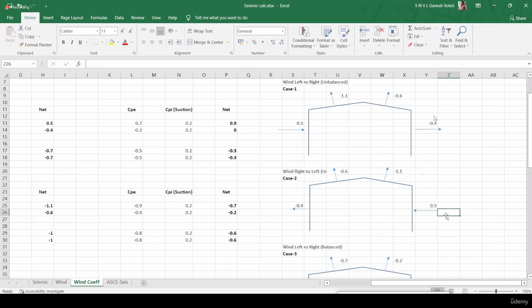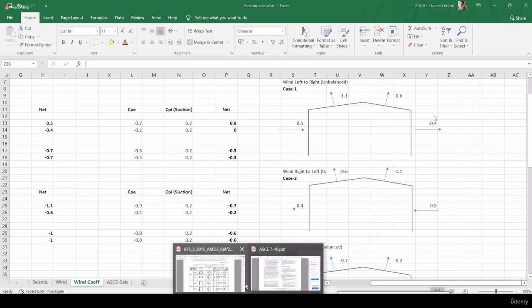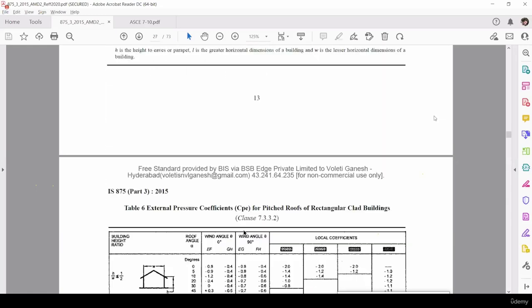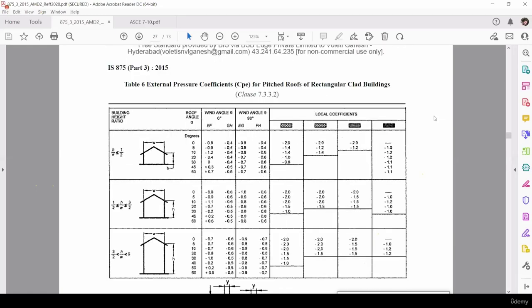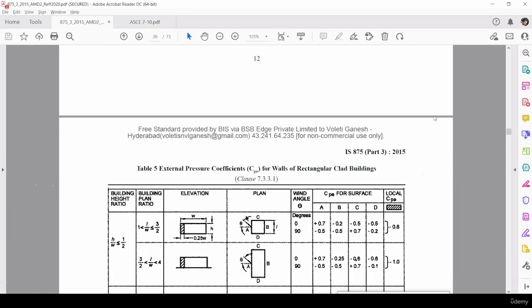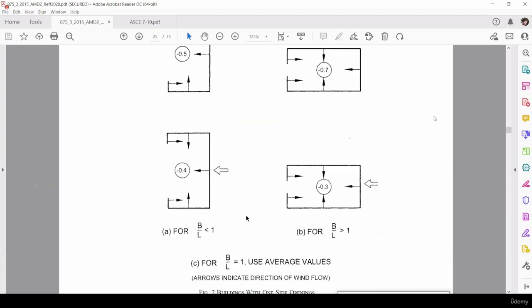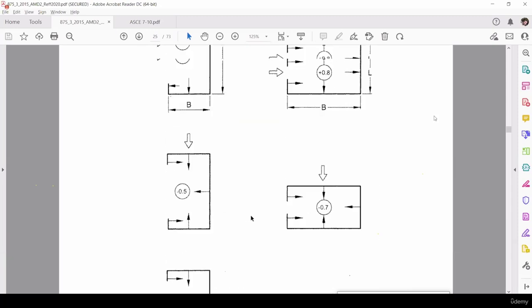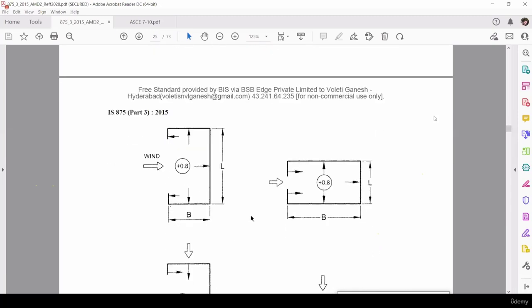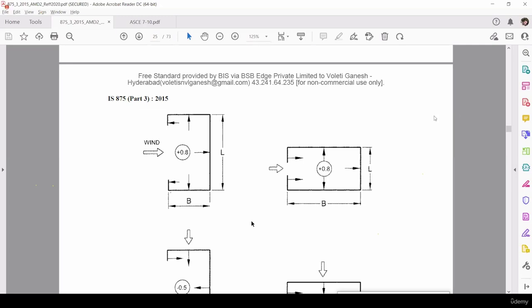Yes. Sir, will it be considered as CPE or CP net? Is it CPE? Just a minute. Yes, sir. Page number 12, please. So, sir, the value 0.8, plus 0.8. Is 0.8 the external pressure coefficient or the net pressure coefficient? He is using it internally, right? Yes, sir.